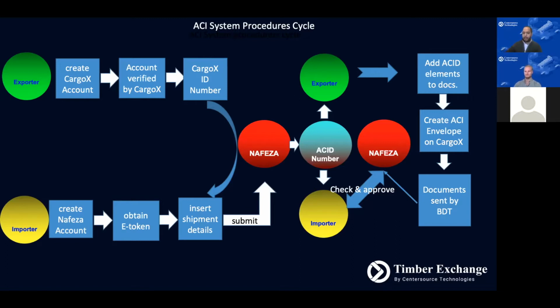By creating a CargoX account, you register on their website and you add all the company details: website, phone, address, contacts, your VAT ID. All is required information to give a full image about your company. Then you will be required to save an encrypted keychain number on your computer to verify your company.